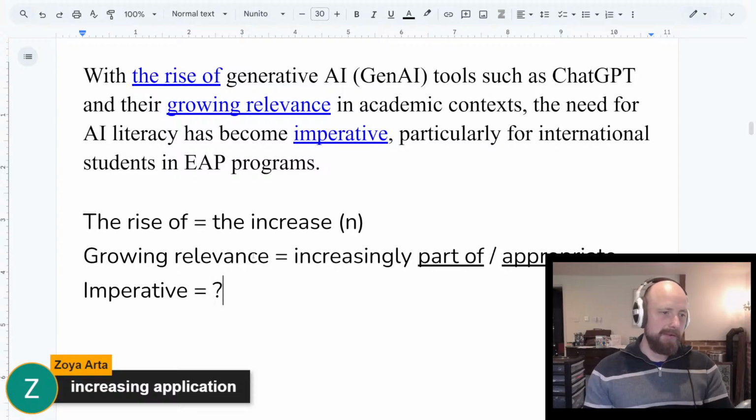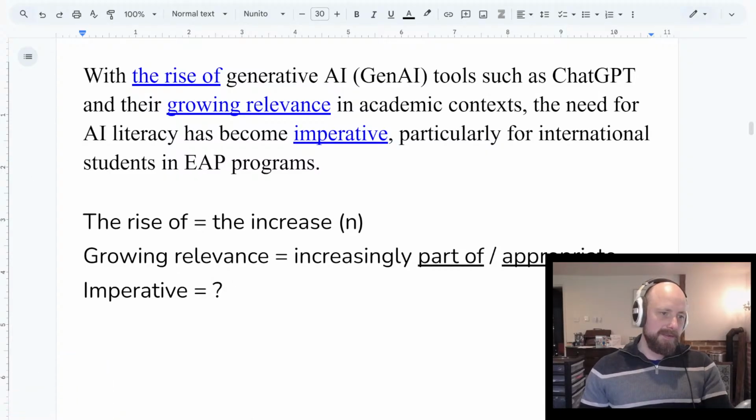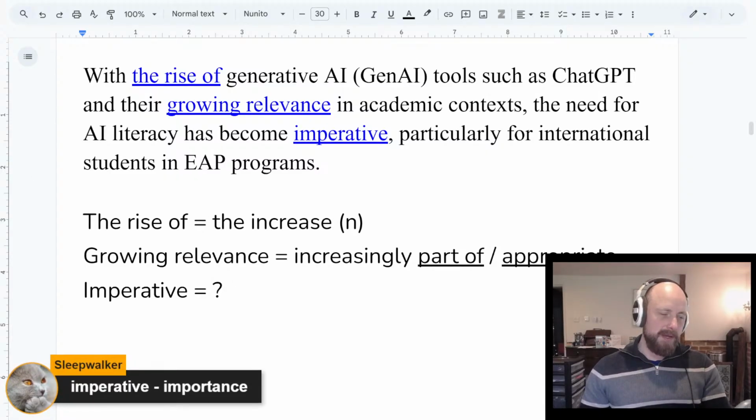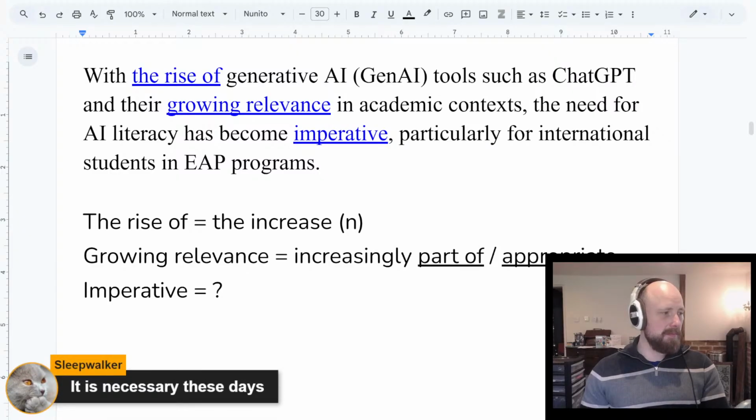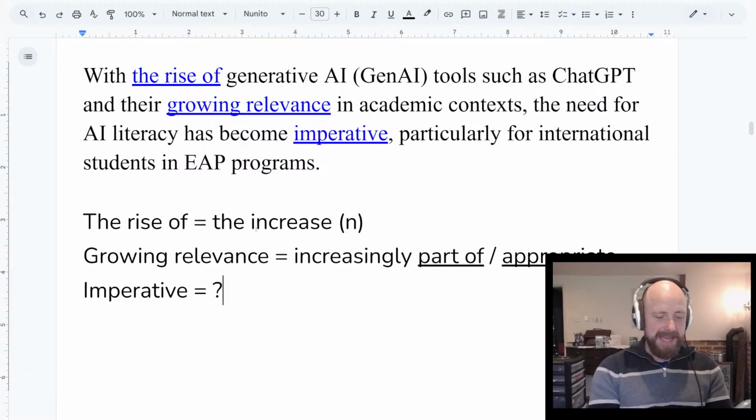And when we say imperative, I don't quite think I would say imperative is about importance. Actually, Sleepwalker, I think imperative is more similar to this that you wrote here. Imperative actually means necessary.